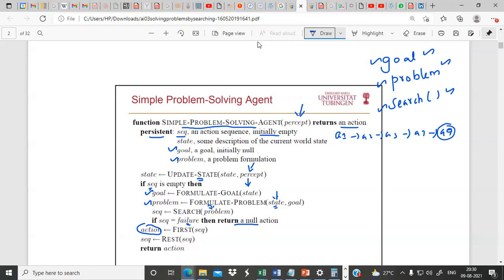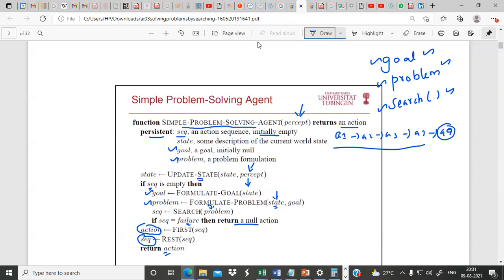The first of that sequence will get into action, and the remaining sequence will get into the sequence part, because if you follow this sequence you will get this action and it returns the action. Okay, so this is a simple algorithm for problem solving agent.